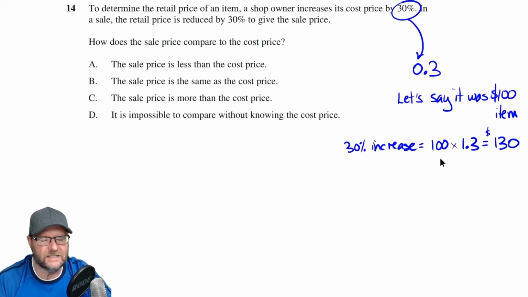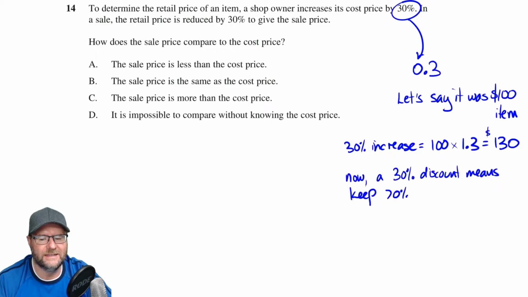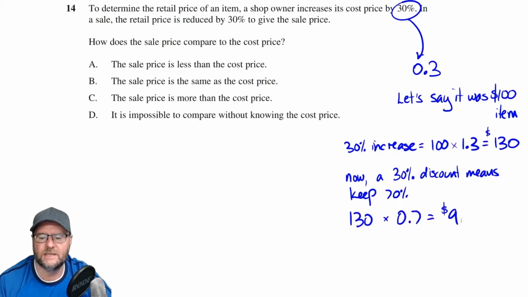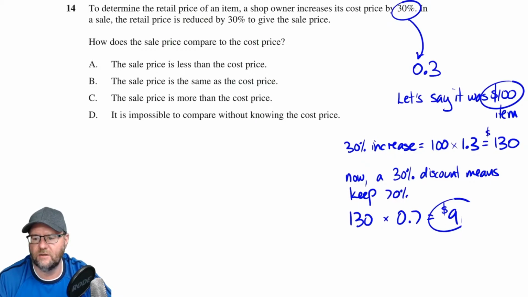Can't sell it, so they decide to discount it by 30%. Now, a discount of 30% is the same thing as keeping 70%. If I chop 30% off something, I'm keeping 70%. So if I work out 70% of that price, that gives me $91.